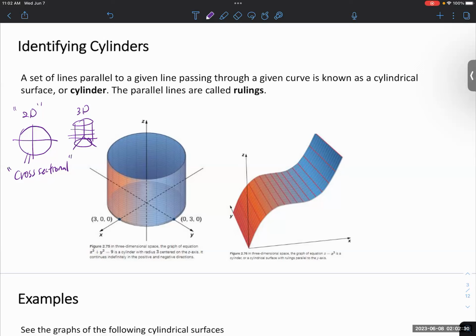For example, if I have a cube, the cross-sectional image of the cube is going to be a square, right? The cross-sectional image of the cylinder is going to be a circle. So these are described in two-dimensional space, and this is three-dimensional space. So the cylinder is one example we can use to talk about surfaces.